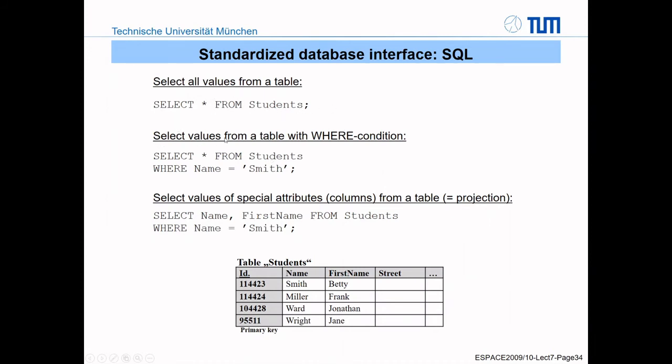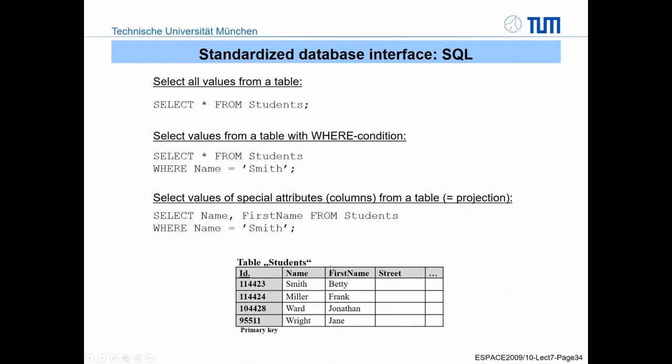If we just want to select special names, so if we want to select only records with the name Smith, then you can also search for this. Now we don't search for the primary key, we search for an additional attribute. And we also can select special attributes, so that we do name, first name from students instead of the asterisk to get the result. So select name, first name from students where name is Smith. So in this case, we do all of this.